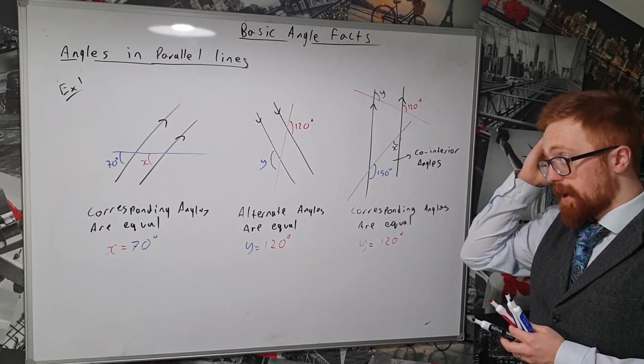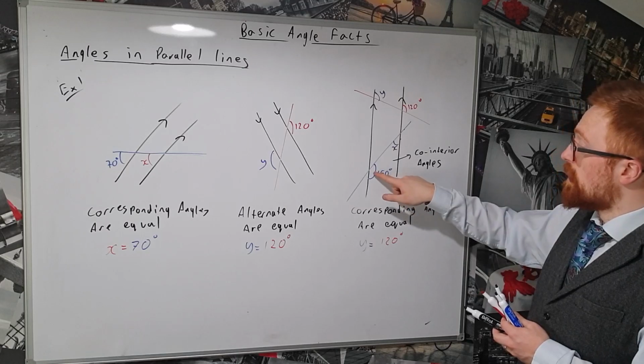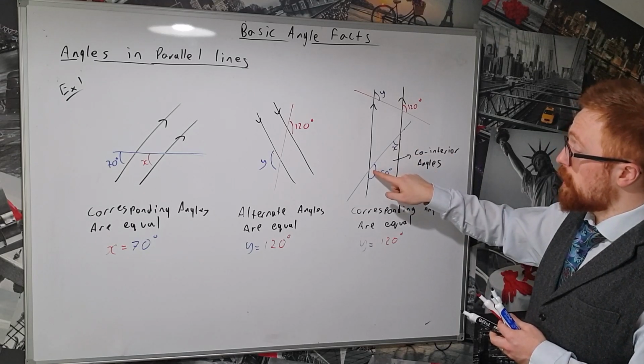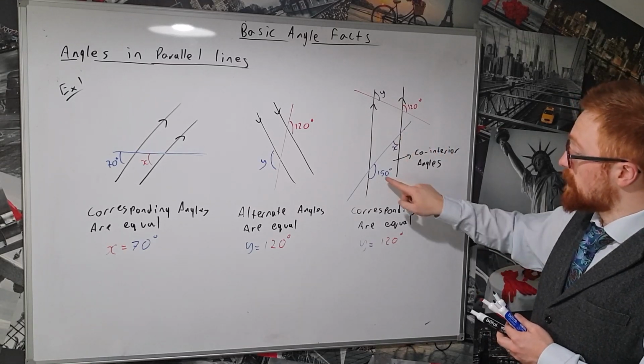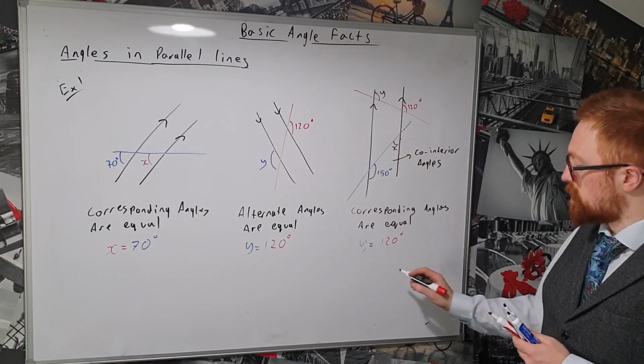So co-interior angles. One of the rules we can say, for exactly the same reason as we've just shown, if this is the same as this and this have to add up to 180, co-interior angles have to add up to 180.